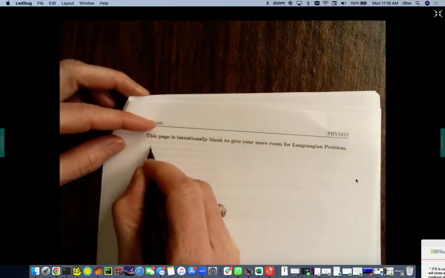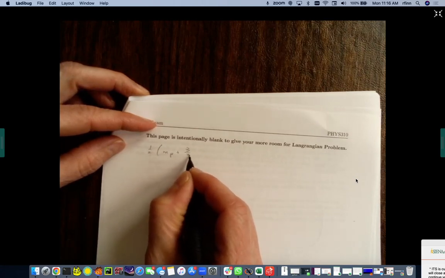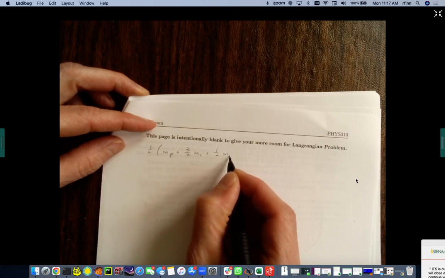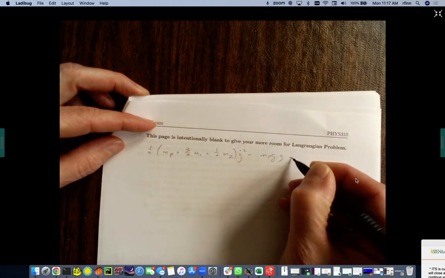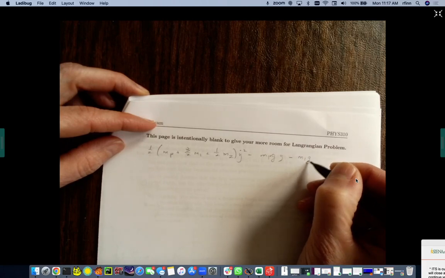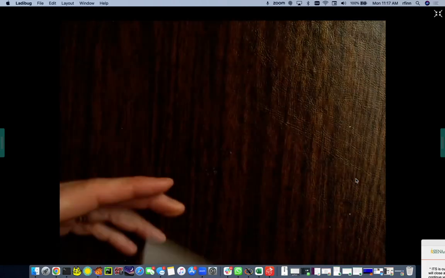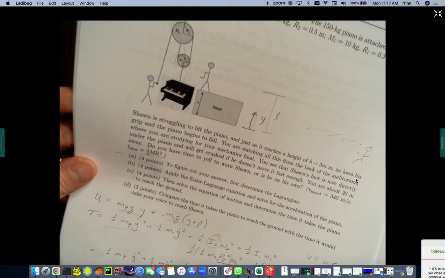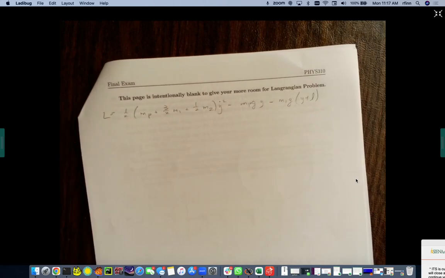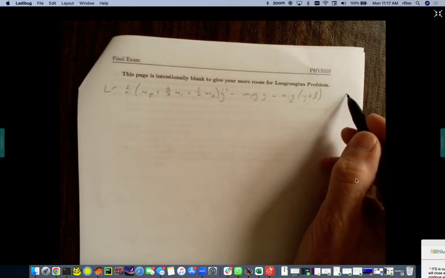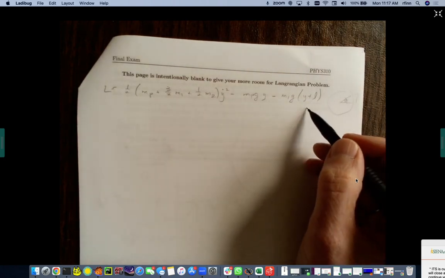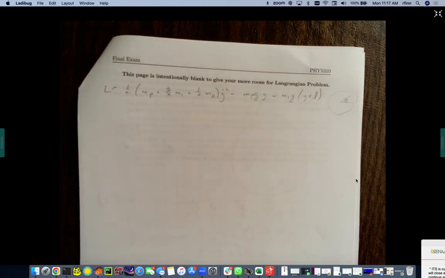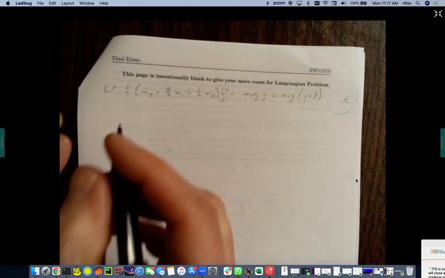Making sure we got that right: 3 halves, 1 half. That's our L. There is only one coordinate, because relating the angular velocity omega to the distance traveled in the pulley means we can reduce this to just one coordinate. Now for part B, we want to apply the Euler-Lagrange equation.